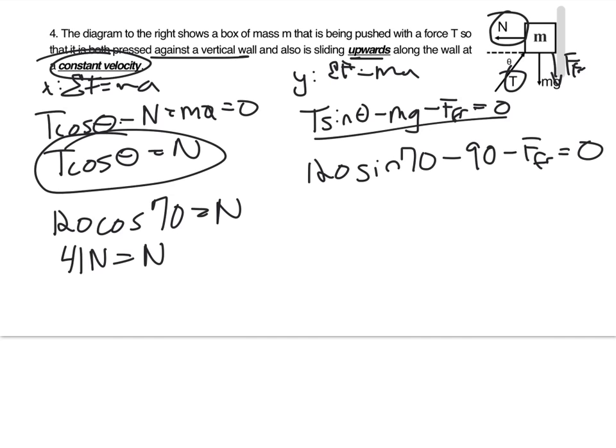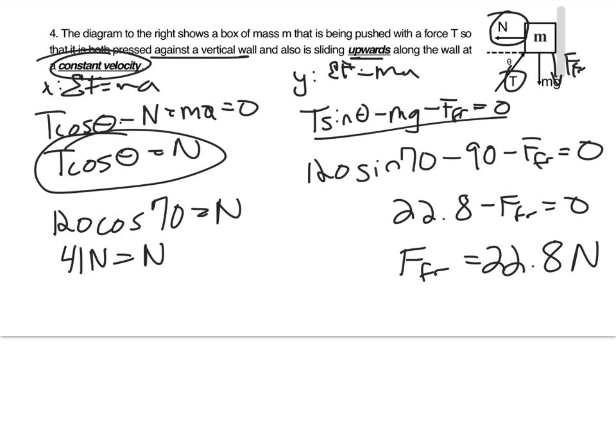A little bit of math here: 120 sine of 70 is 112, minus 90 is 22.76. I'll just call it 22.8 minus the force of friction equals 0, which means my force of friction equals 22.8 newtons. And I know for a fact that this is kinetic friction. My box is sliding, that means it's moving, and we've got kinetic friction in this case.